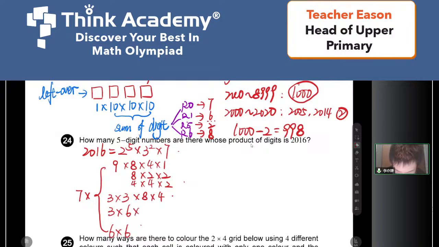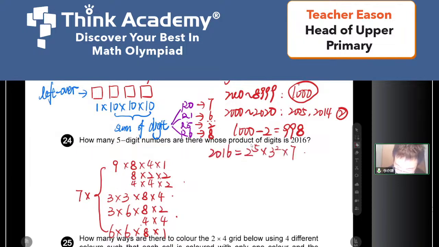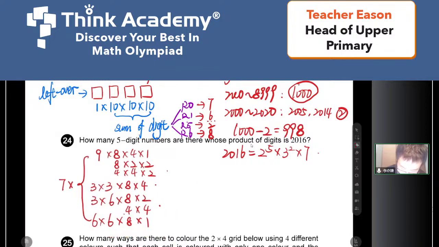So it can be 8, 2, or 4, 4. And then for 6 and 6, the product of the remaining is just 8. So it can be 8, 1, or 4, 2.